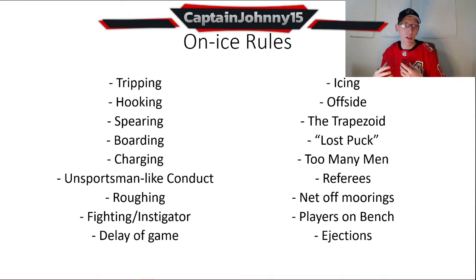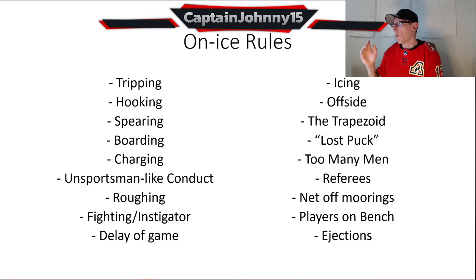So the first thing that you need to know about on-ice rules is they have an intended purpose to either prevent or preserve something. And that's the whole point of them being in place. You're either preventing a player from getting hurt or you're preserving the spirit of the game. Some of these rules get out of hand and that can make it a little bit complicated, especially when the refs are having a bit of an off game, which is not uncommon.